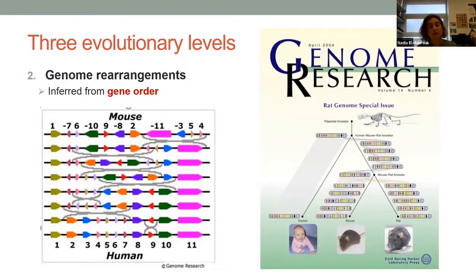So the second level, when we study the evolution of syntenies, is to consider the evolution of the order of genes in these conserved regions. And this is the purpose of the genome rearrangement field.